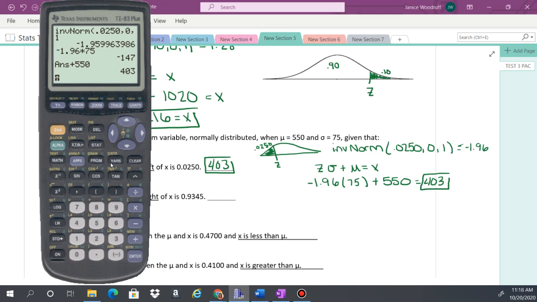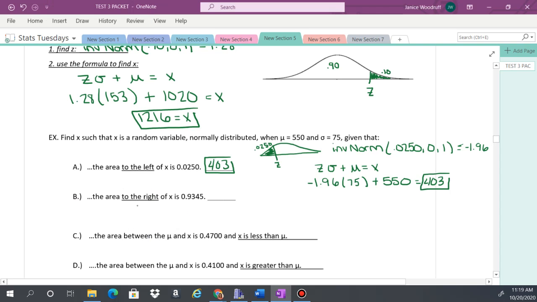So second distribution, inverse norm, always do the area to the left. Then put your actual mean in, 550, and your standard deviation of 75. There you go. So it just skips that last step for you if you are actually given a mean and standard deviation.